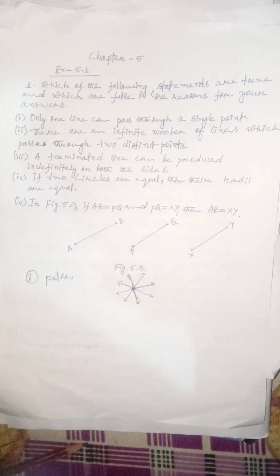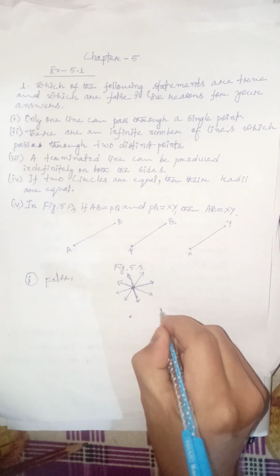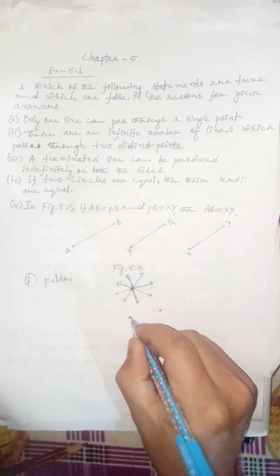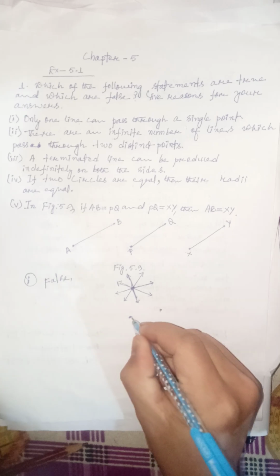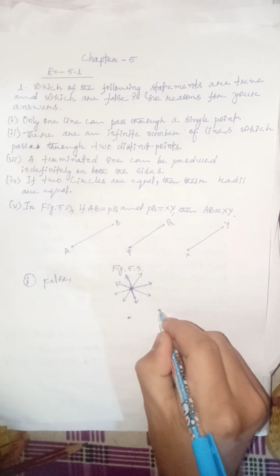In Roman number 2 we have: there are an infinite number of lines which pass through two distinct points. Two distinct points means there will be 2 points. According to the statement, these 2 points can be used to pass an infinite number of lines, right? But in reality that is not the case.